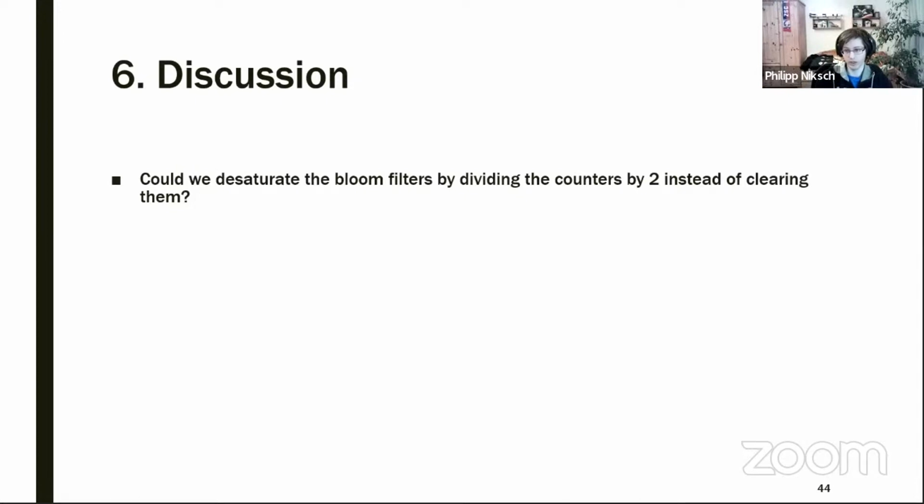The thing with dividing is it is very easy to implement. You just bit shift. But yes, that's true. You could also subtract.